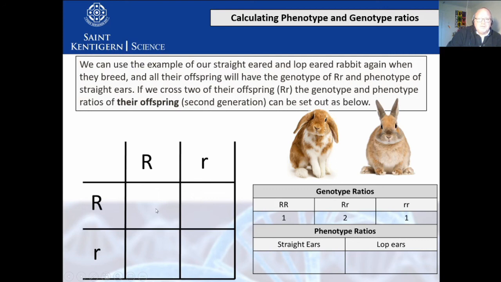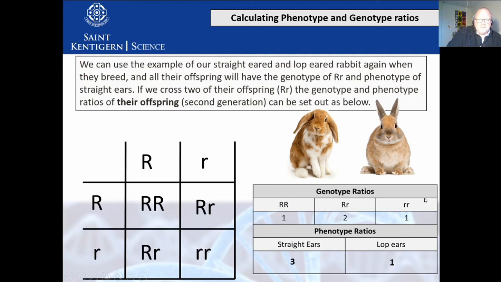This guy, same thing. So you will have a homozygous dominant, that's over here, a heterozygote, there's 2 of them, and then a homozygous recessive.